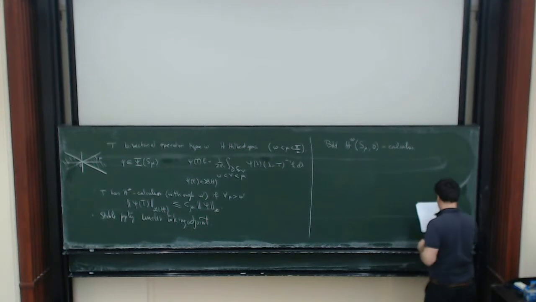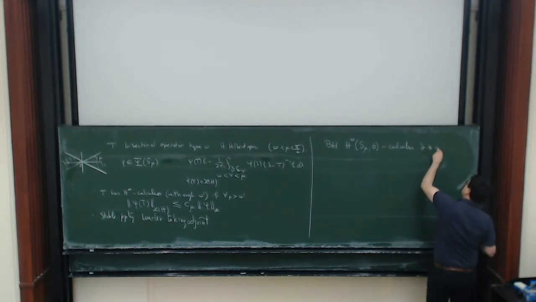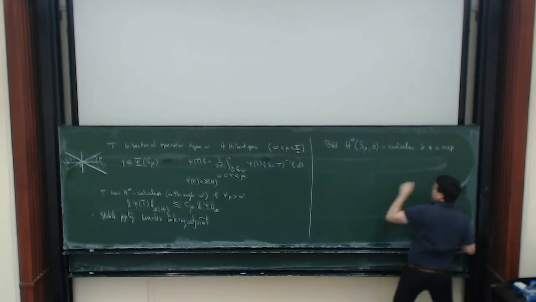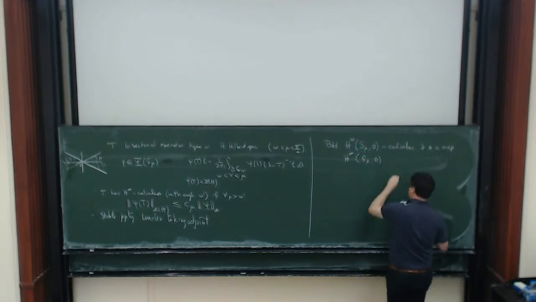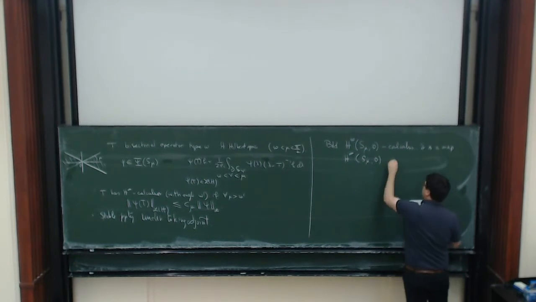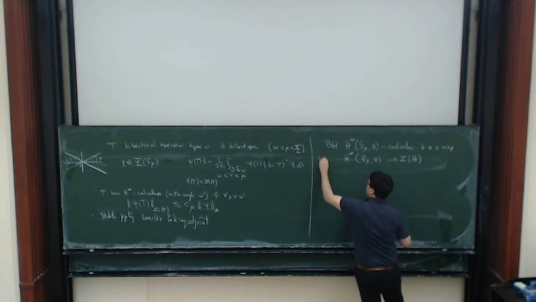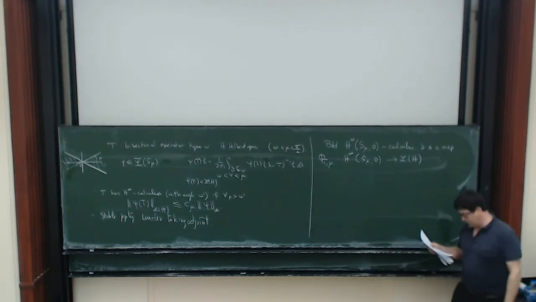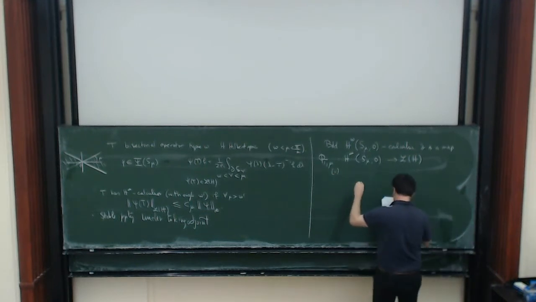Well, it is a map that goes from this class, which I defined yesterday, into L of H. Just to give a name to this map at the beginning, we call it phi T mu, with a number of properties that you expect from a functional calculus.